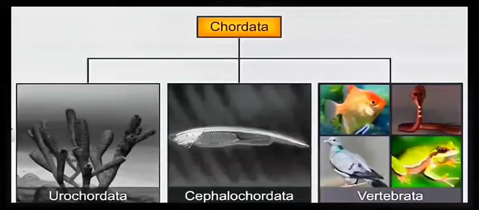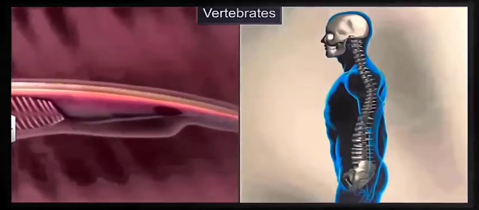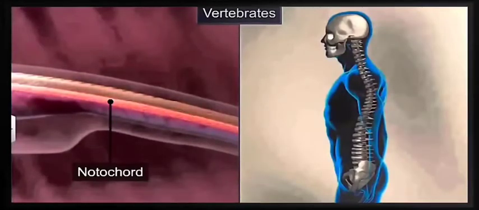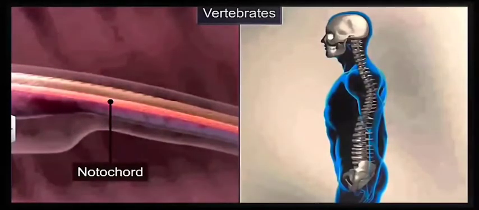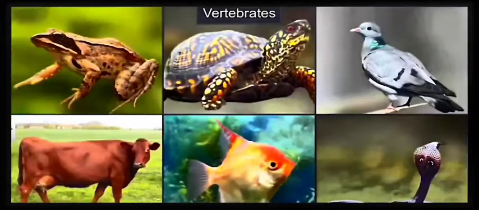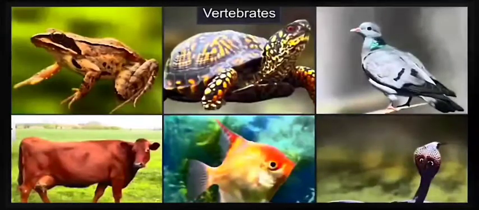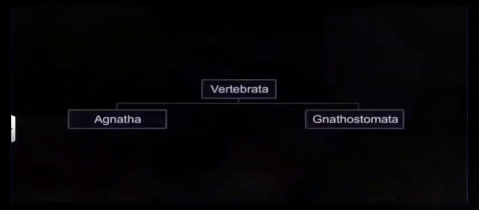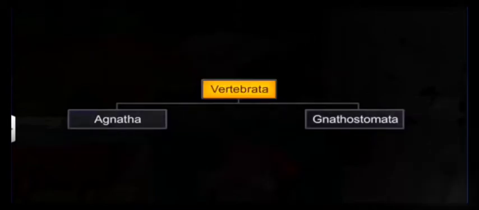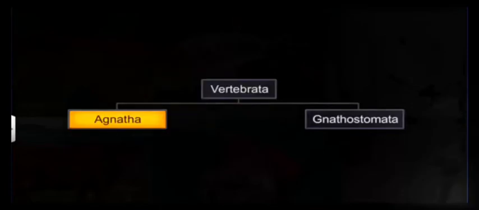Okay. Now we will study the vertebrates in detail. As I mentioned, the notochord is replaced by a vertebral column, which may be cartilaginous or bony. Vertebrates are further divided as you can see here, Agnatha and Gnathostomata, based on the presence or absence of jaw.